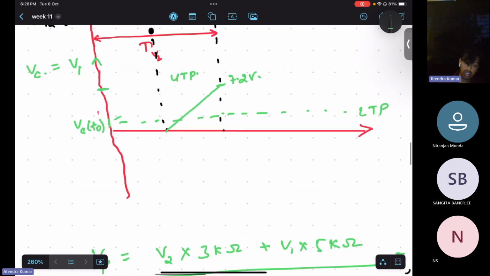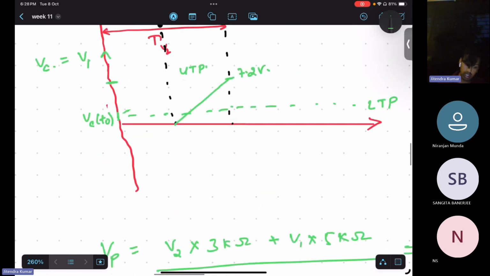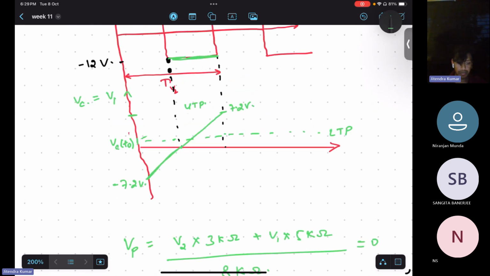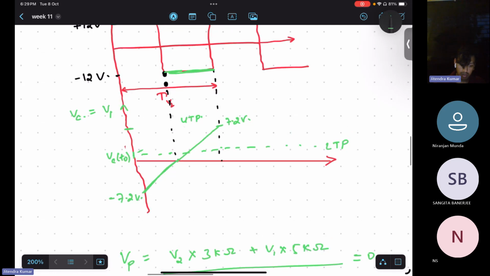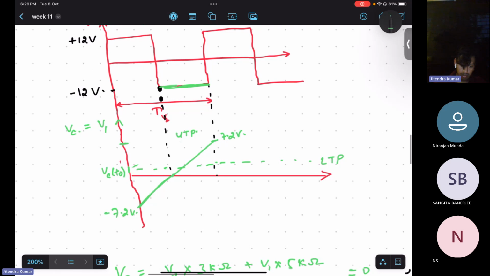Let's see, if V2 is plus 12 volt, then it will be equal to minus 7.2 volt, isn't it? Is there any doubt in this? No, sir. Okay, great.